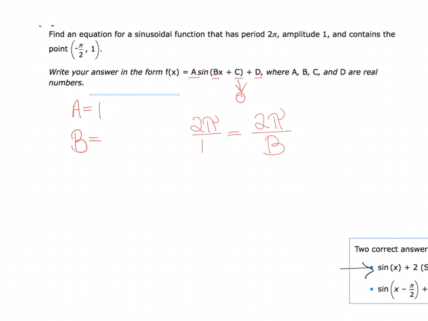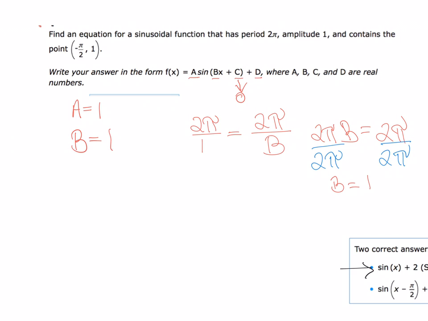And now I only have one unknown, which is b, so I can solve for that unknown. If I cross multiply, I get 2 pi b equals 2 pi. When I solve for b, I just divide both sides by 2 pi, and I then find out that b is equal to 1.